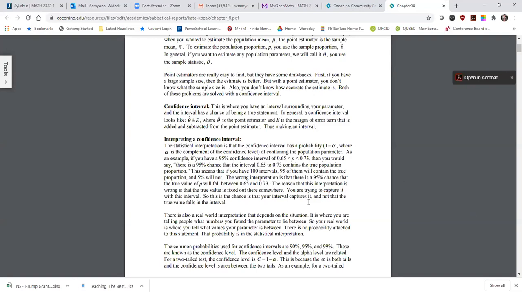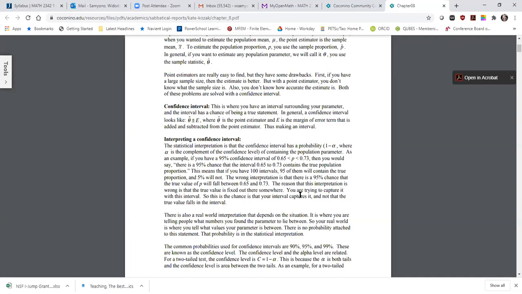So the wrong interpretation is that there is a 95% chance that the true value of p will fall between this interval. The reason this interpretation is wrong is that the true value is fixed out there somewhere. Okay? So we are trying to capture it with the interval.